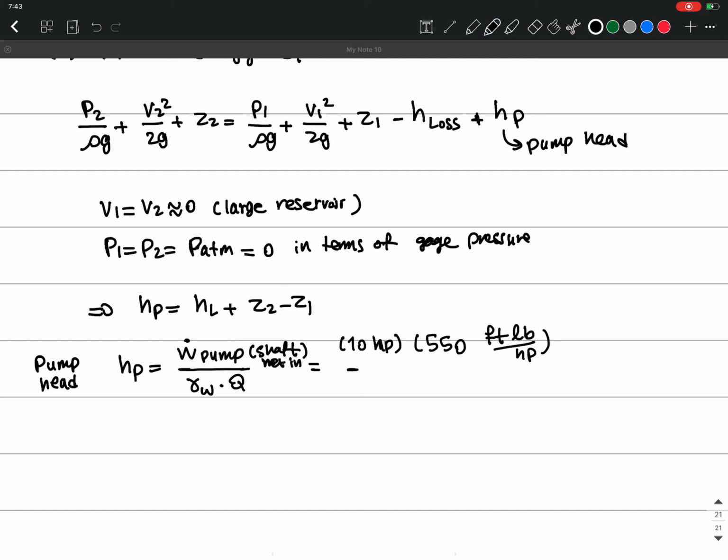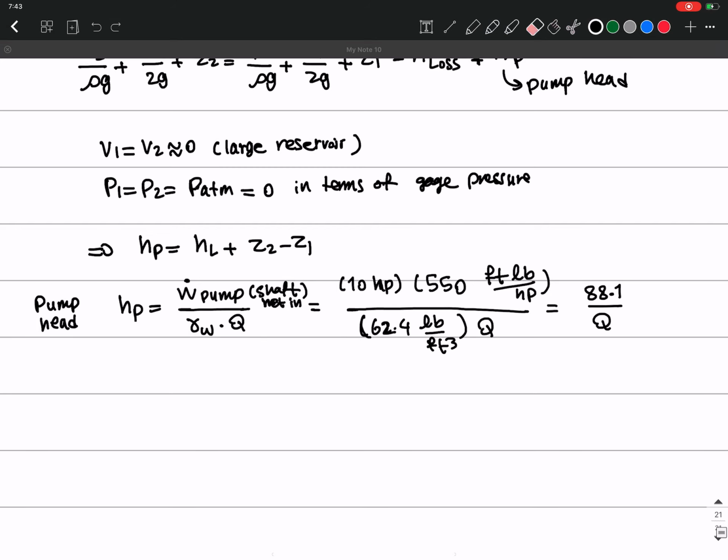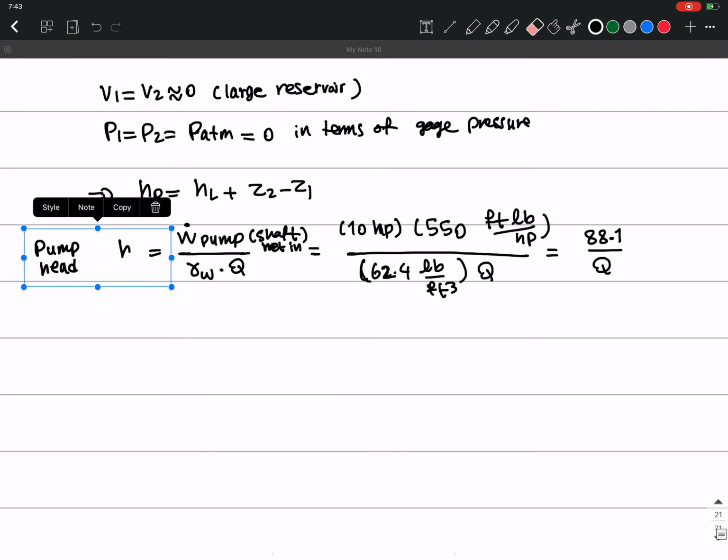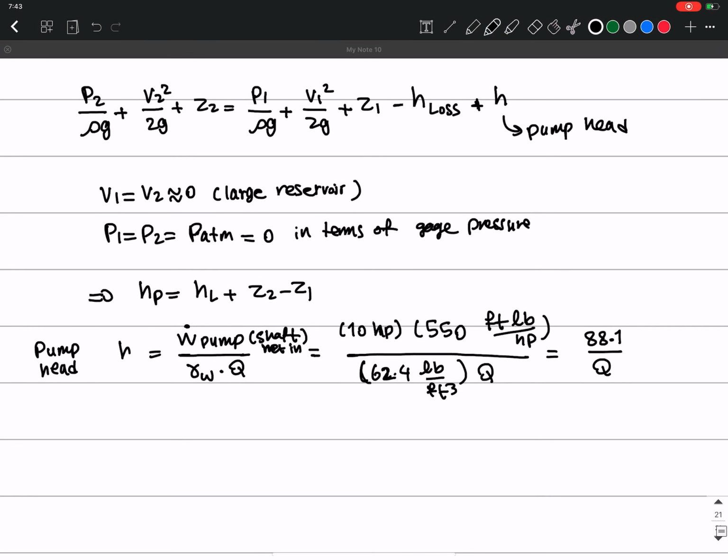So this is the conversion rate of that, over gamma of water, which is 62.4 pound over foot cube, times Q. Okay, so this is going to give me 88.1 if you calculate it over Q. Okay, so I just write this as S.